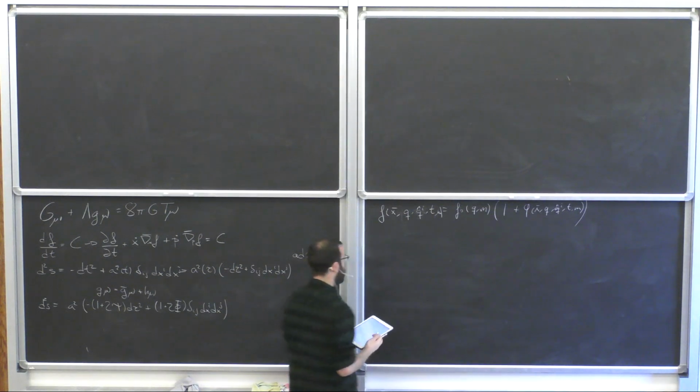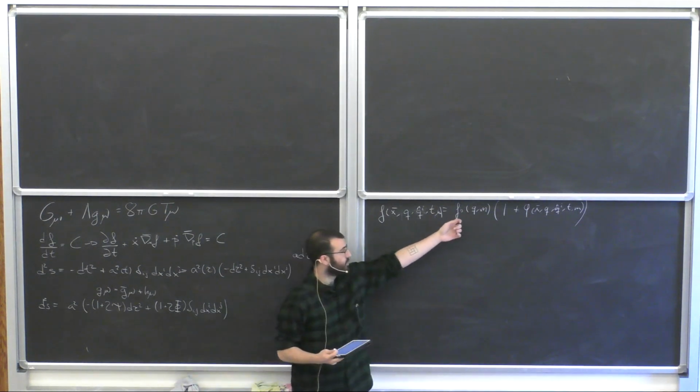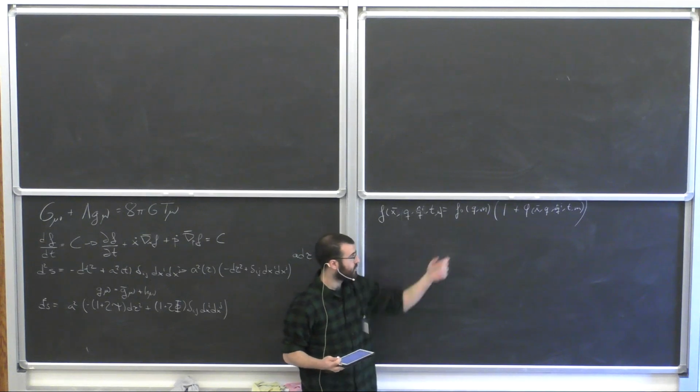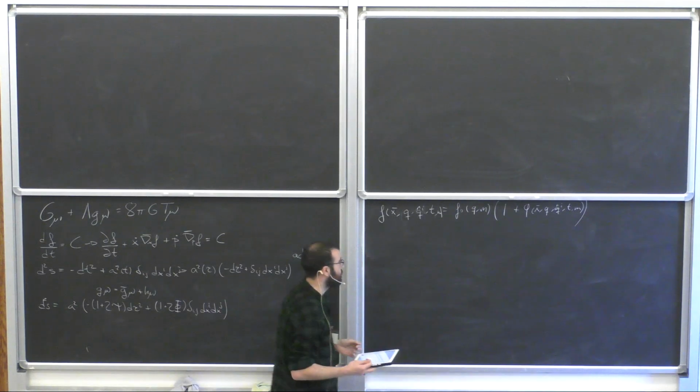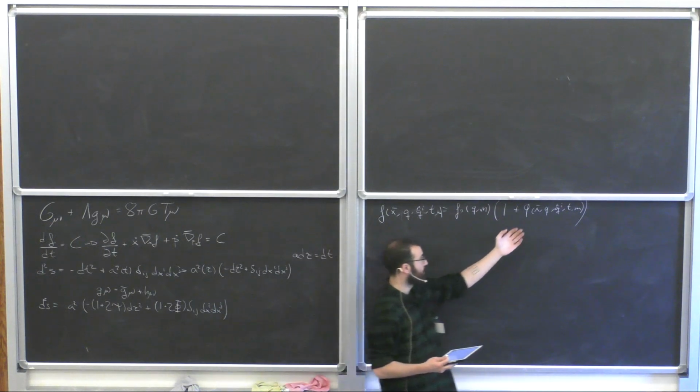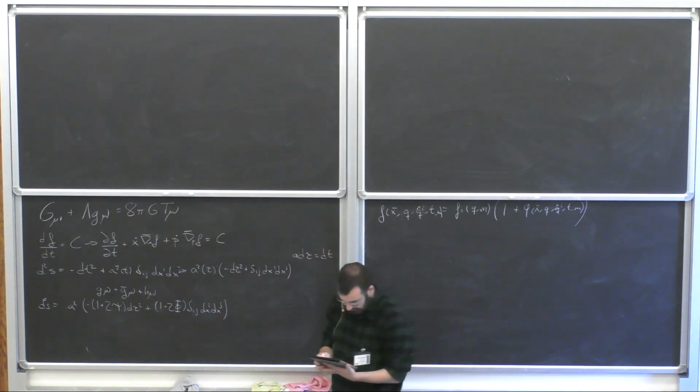So for example, if we are talking about relativistic particles, this would be the Fermi-Dirac or the Bose-Einstein distribution, depending on whether they are fermions or bosons, and this would be perturbations around that.